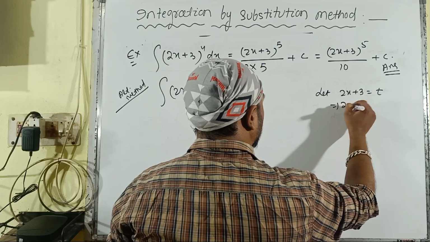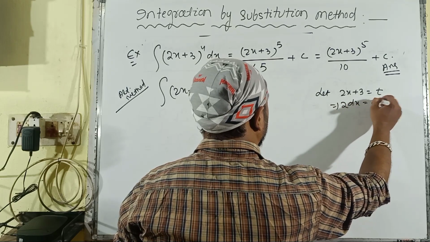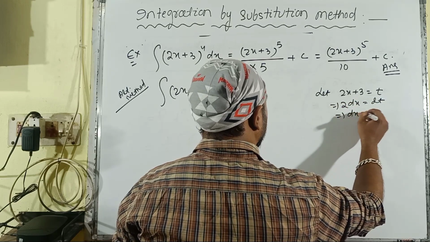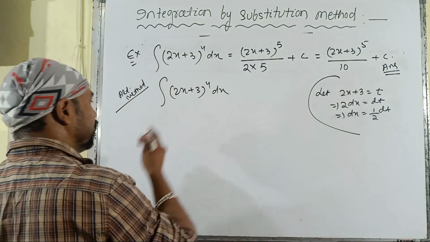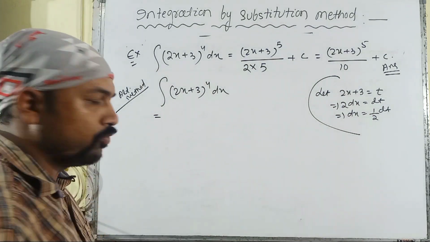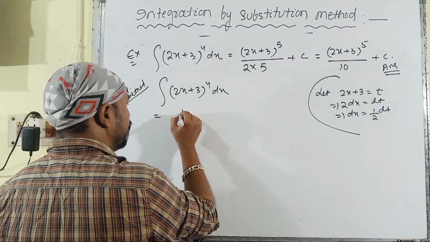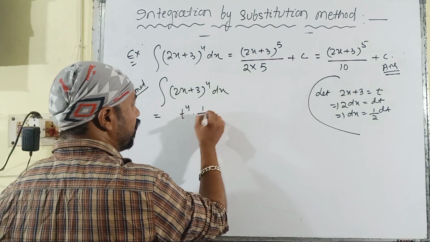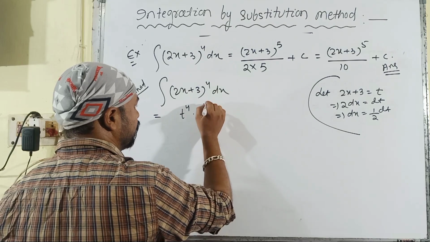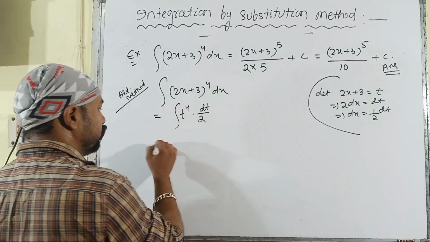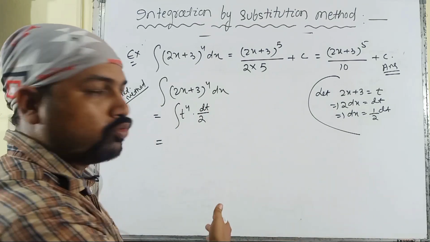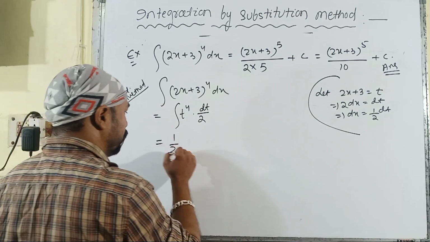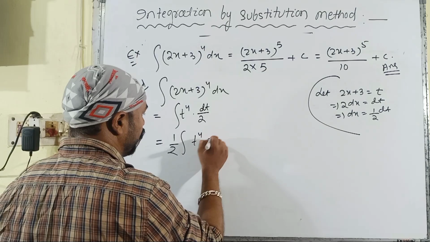Then differentiating both sides, we have 2dx equal to dt, then dx is equal to 1 by 2 dt. By applying these substitutions in this problem, it will be t to the power 4 multiplied by 1 upon 2 dt, that means dt divided by 2. As 1 by 2 is a constant, it will be carried outside of the integral, so it will be 1 by 2 integral of t to the power 4 dt.